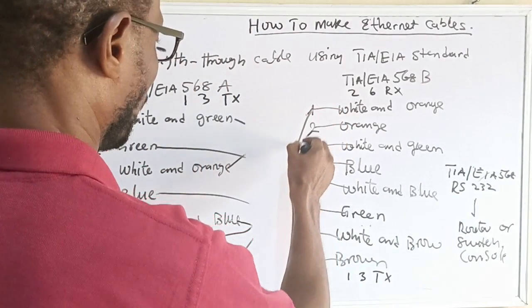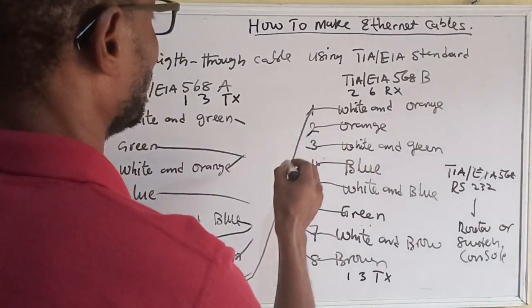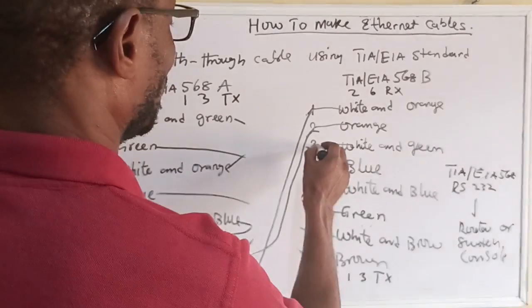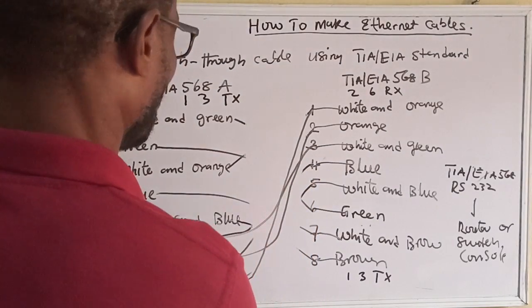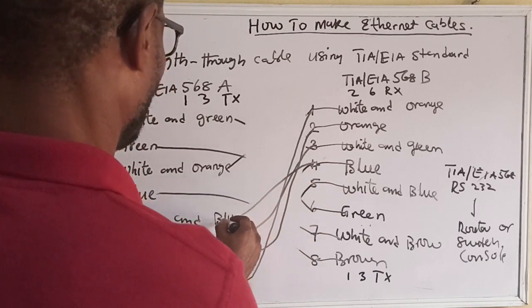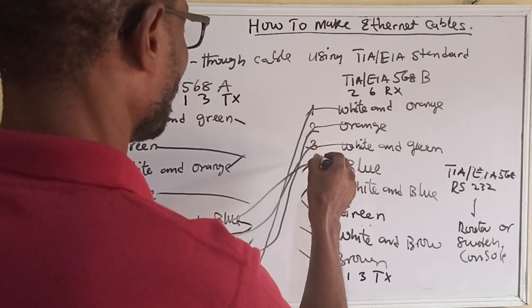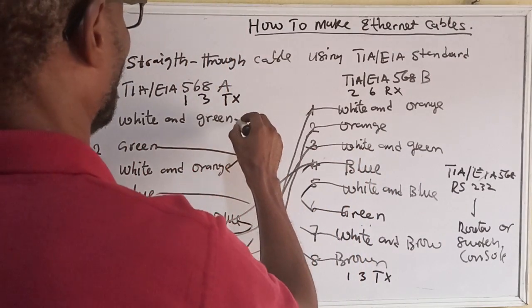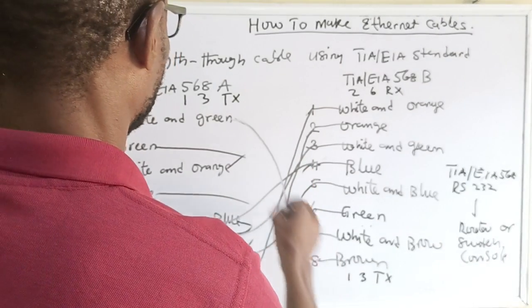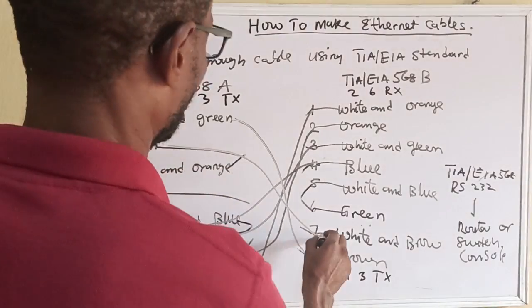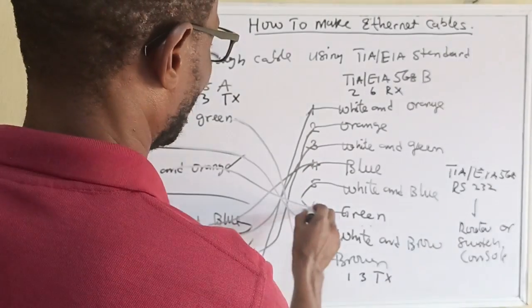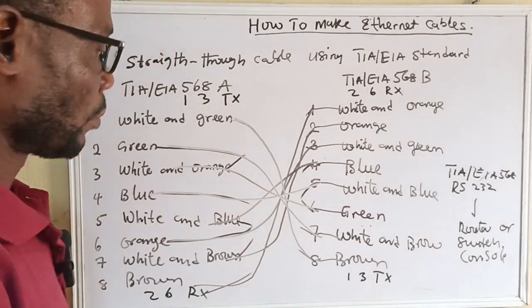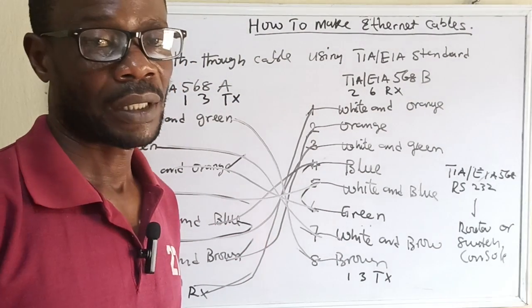A rollover cable connects from 1 to 8, 2 to 7, 3 to 6, 4 to 5, and here 1 to 8, 2 to 7, 3 to 6, and 4 to 5. It's very similar to a crossover cable.